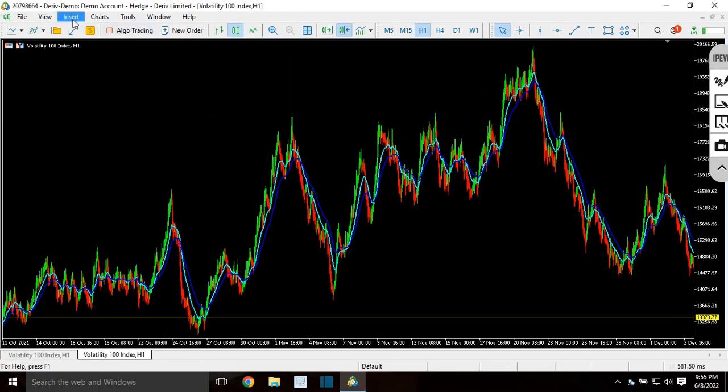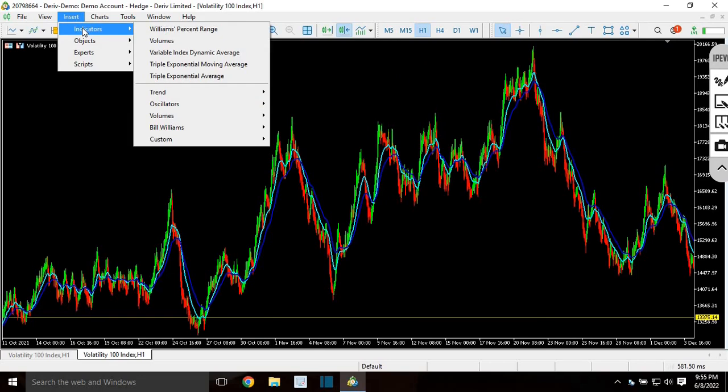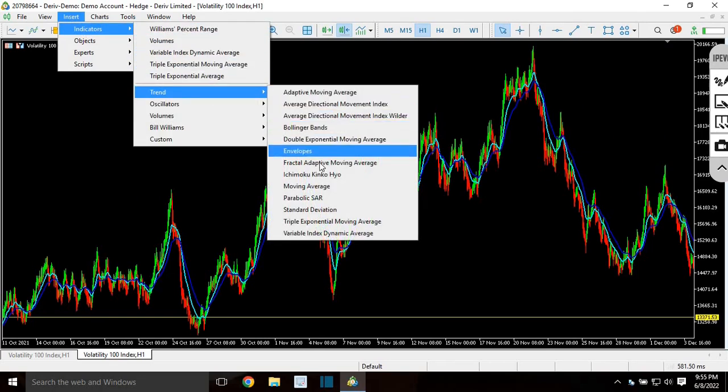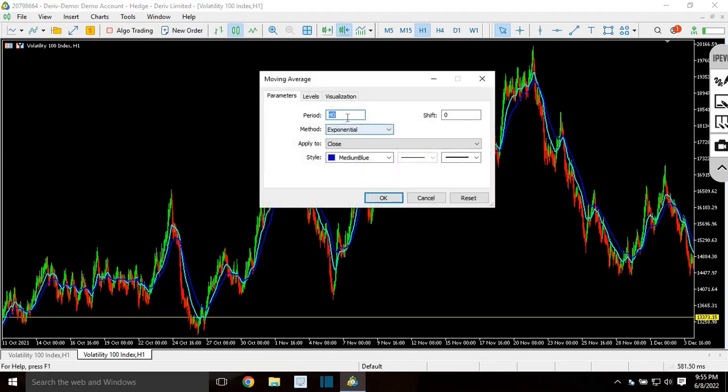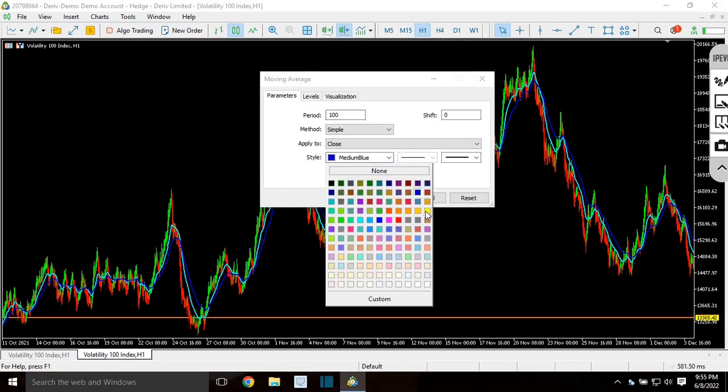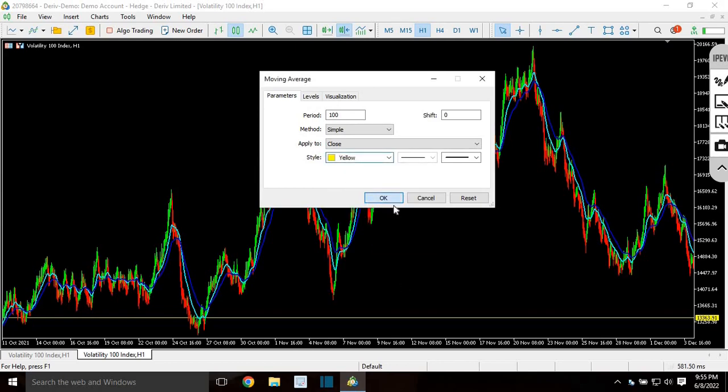So let's put the third one, which is going to be a simple moving average again. So this one we make it simple, and we put a 100 moving average, and we are giving it color. Let's give it yellow.